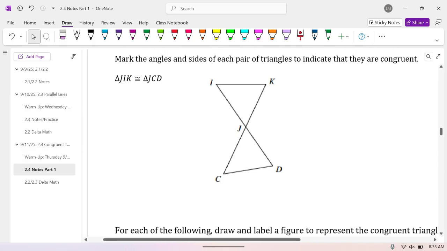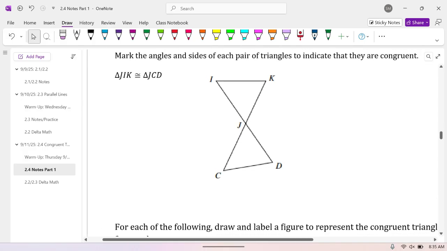So with this one, we know that triangle JIK is congruent to triangle JCD. So it wants us to mark all of the corresponding and congruent sides and angles. Since this picture is a little hard to tell what's what, that's when you look at the name specifically.